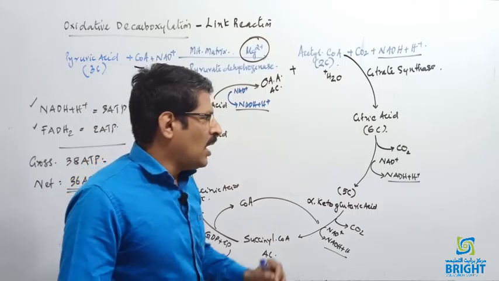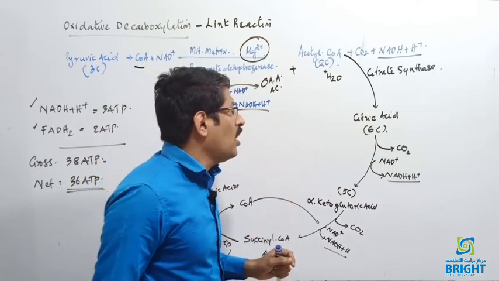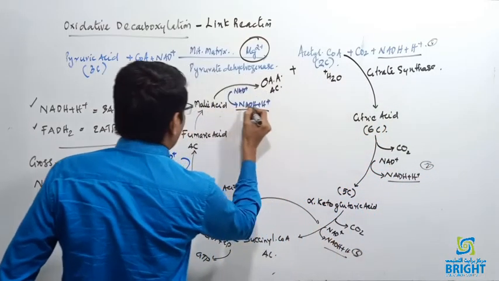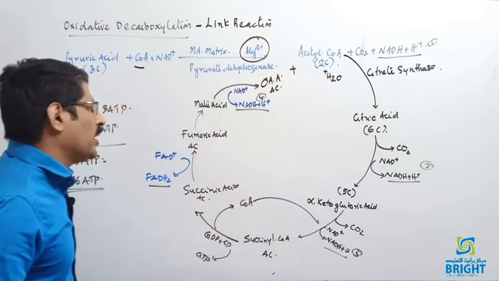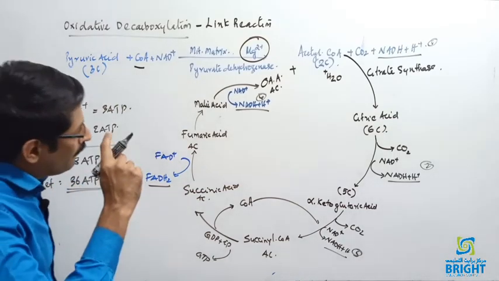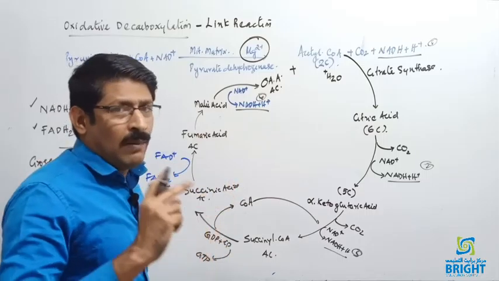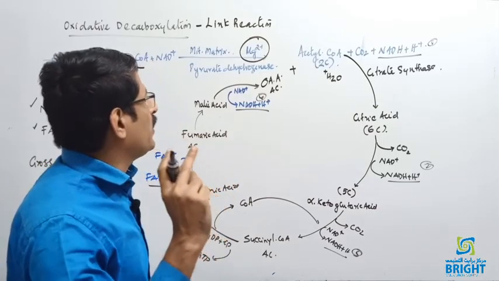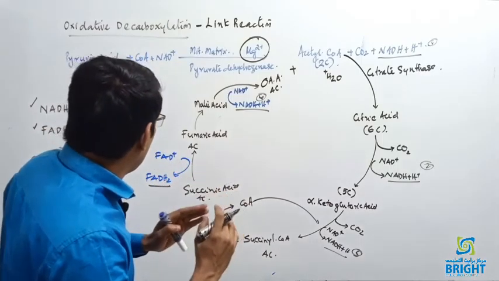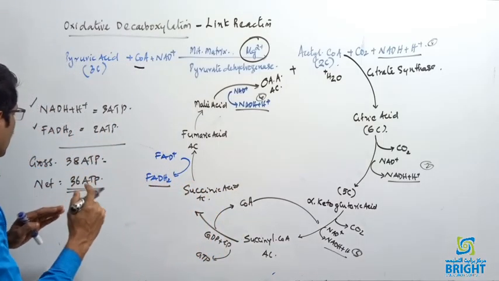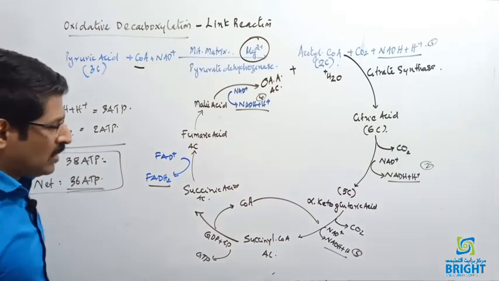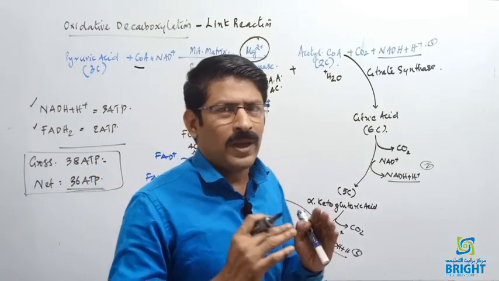Note the number of carbon atoms and at which steps NADH is produced, in how many stages, 1, 2, 3 and 4, inside the mitochondria that produce NADH+H+ from one molecule of acetyl coenzyme A. But actually there are 2 molecules of acetyl coenzyme A, or 2 molecules of pyruvic acid, from 1 molecule of glucose. So when we calculate the total ATP, the gross production is 38 molecules of ATP and the net gain is 36. This is the outline of aerobic and anaerobic respiration.